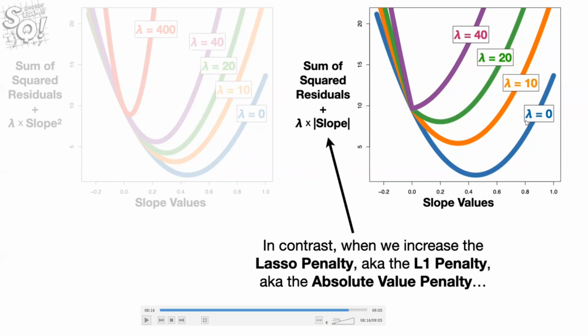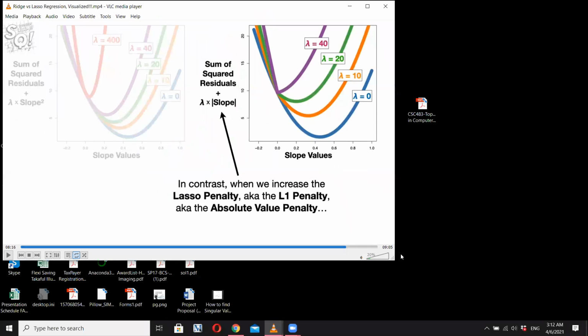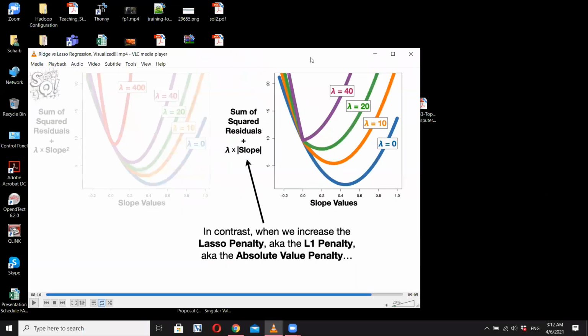You'll shrink your parameters quickly towards 0 by using a lower value of lambda compared with ridge regression. So this is the visual explanation of what we talked about earlier.